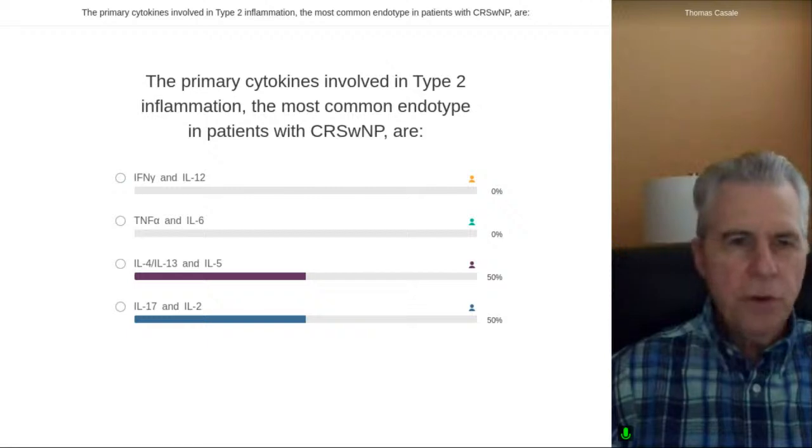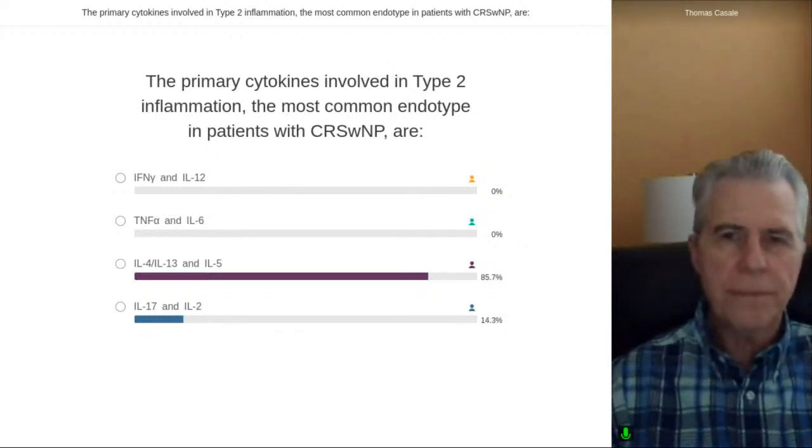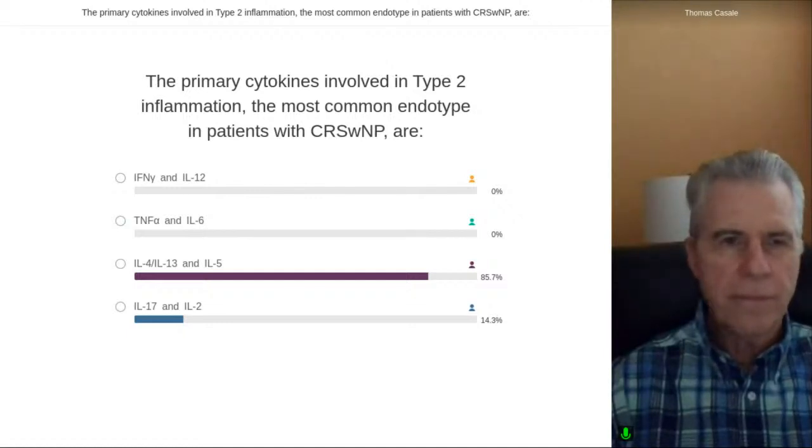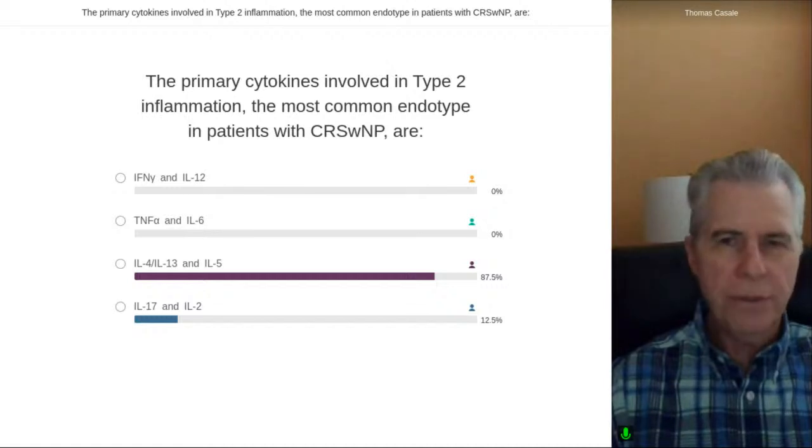I will give you a few more seconds to enter in your answers. All right, so it looks like most people feel it's IL-4, 13, and IL-5, and that is an answer that is correct, and we'll go through why that's correct later on.